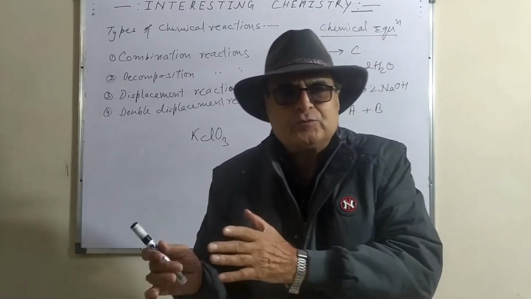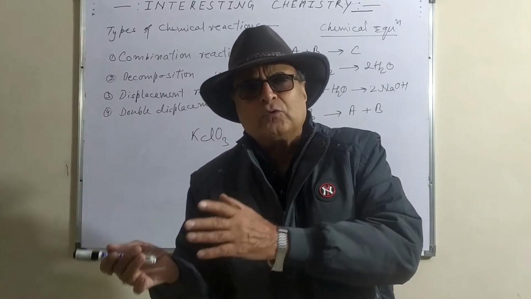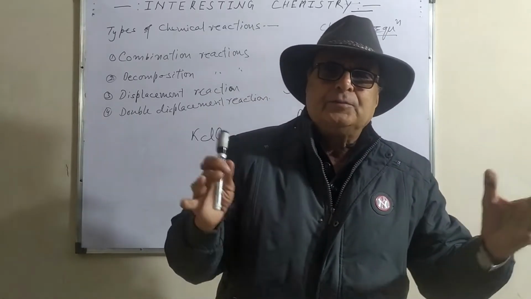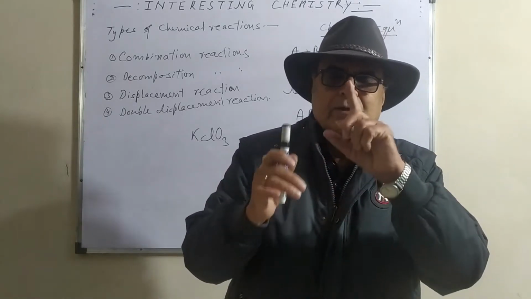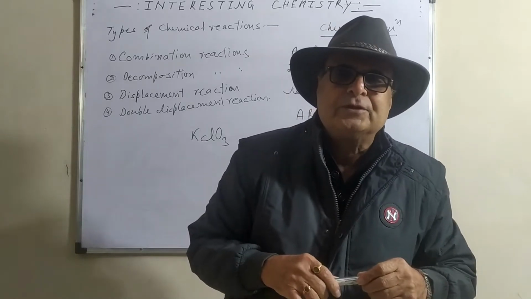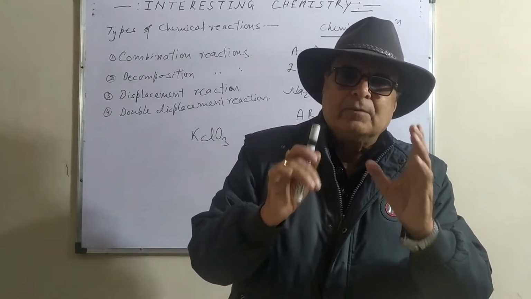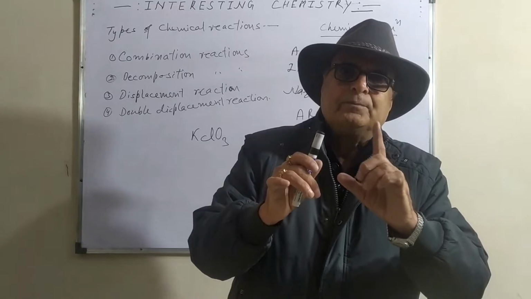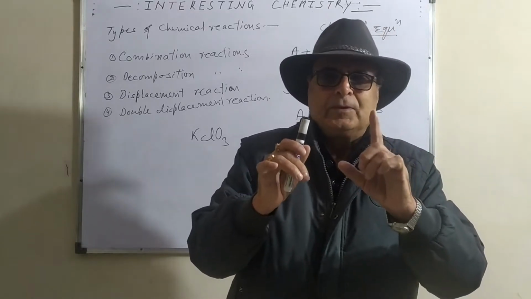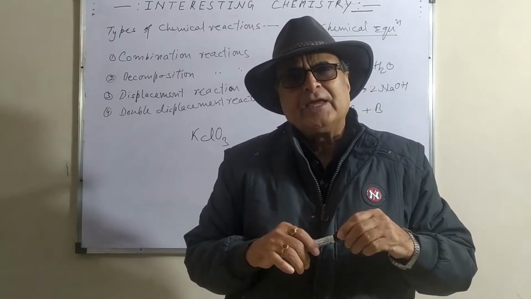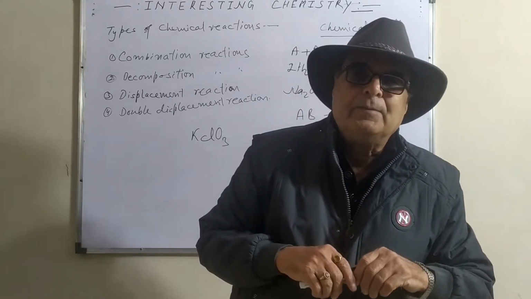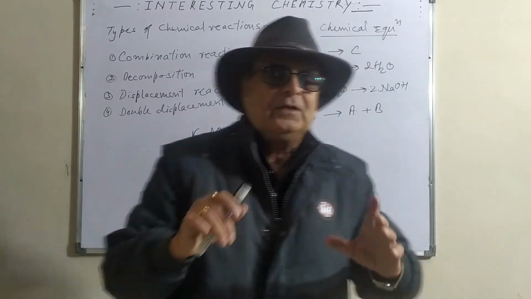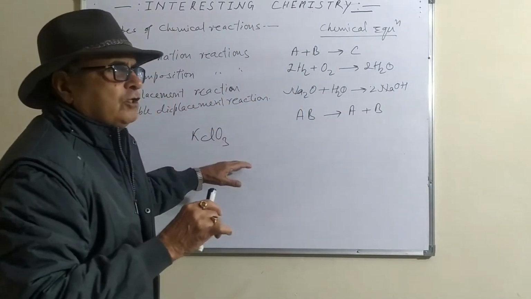In my previous video, I told you about the formulation of different compounds, so go through that video to learn about writing chemical formulae. If you are perfect in writing these chemical formulae, then you will be able to write the chemical equation.